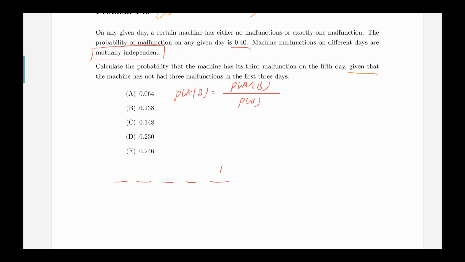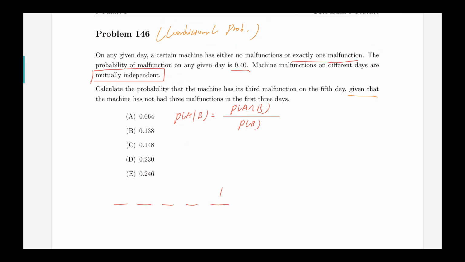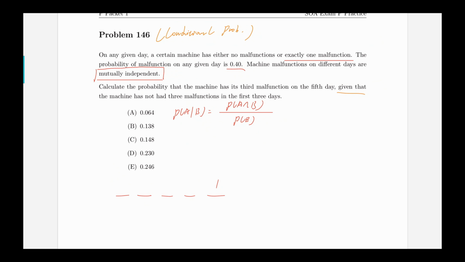Then for the first 4 blanks, I need to choose 2 days where the machine has a malfunction. And don't forget, one day has exactly one malfunction. We don't care about the case when there are 2 malfunctions in a day.